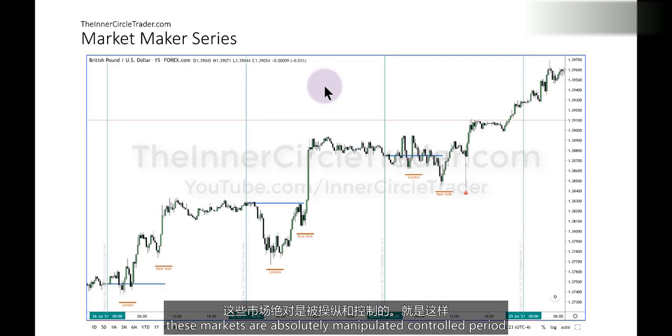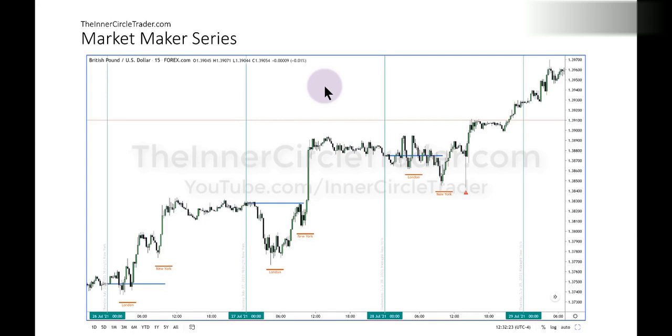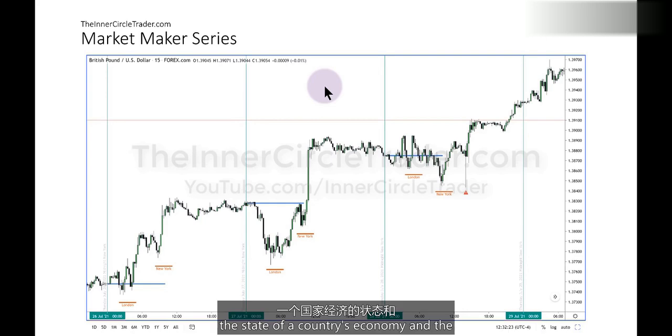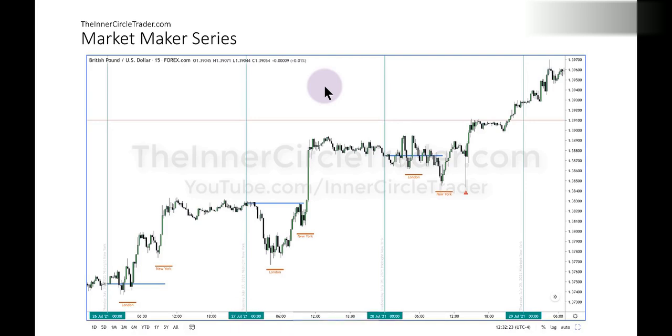These markets are absolutely manipulated, controlled, period. The state of a country's economy and the solvency of a central bank is not going to be put in the hands, okay, of Reddit.